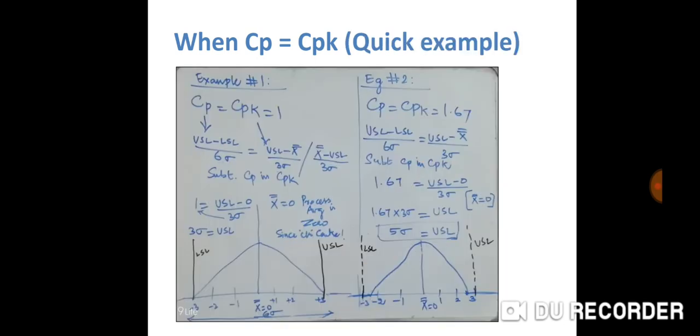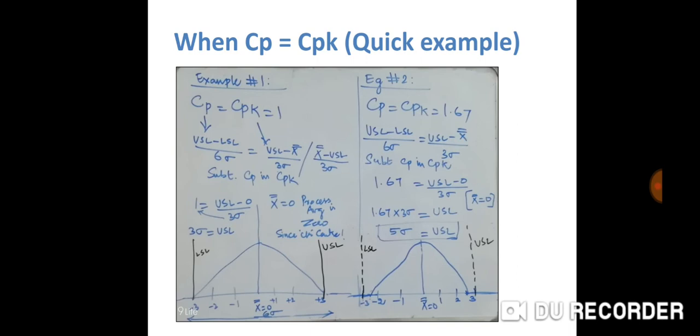This is the quick one where I applied the formula. I have taken two examples: one is Cp and Cpk equal to 1, and the other is Cp and Cpk equal to 1.67. You all know USL minus LSL by 6 sigma is Cp, and Cpk is USL minus X double bar by 3 sigma.